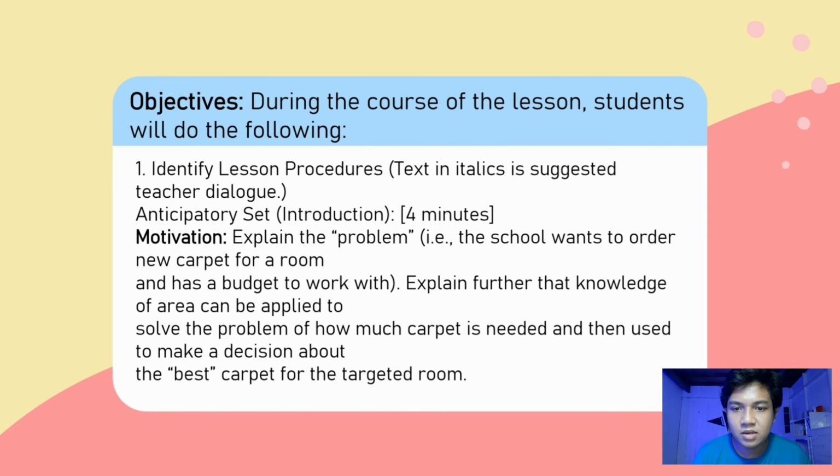Motivation: explain to students that knowledge of area is applied to solve the problem of how much carpet is needed, which is then used to make a decision about the best carpet for the target room. Inform students that for 3 class periods they will work to solve a real world problem related to area by applying the problem-based learning model of teaching.